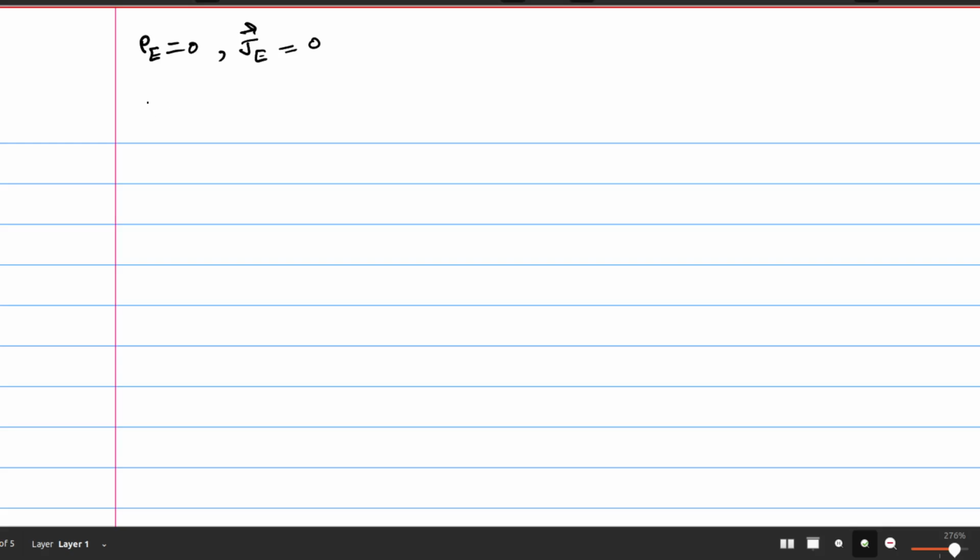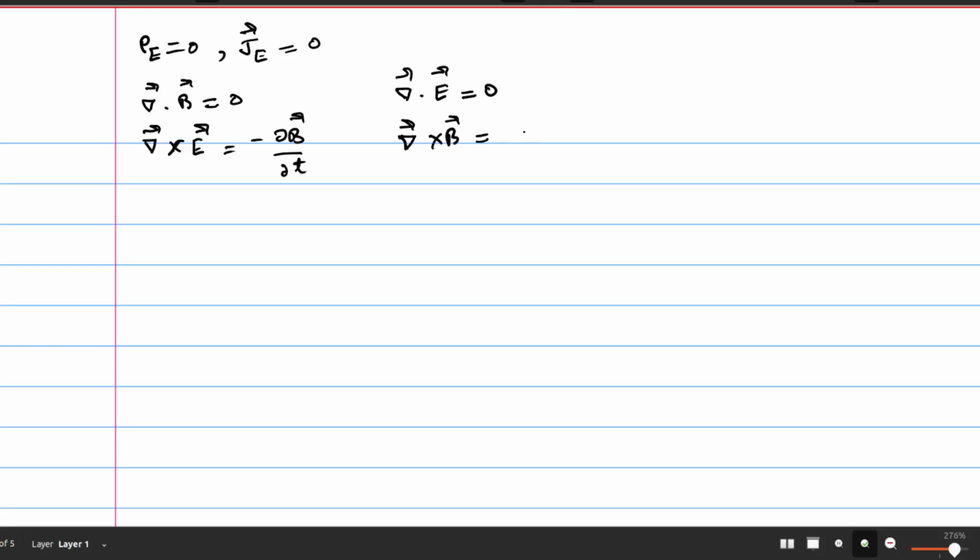In this case, if we write down Maxwell's equations, then we have divergence of B equal to 0, curl of E equal to minus del B over del T, and divergence of E is also 0 because charge density is 0, and curl of B, because we have 0 current density, will be 1 by C square del E over del T.